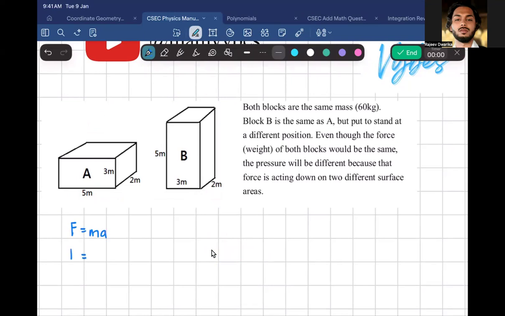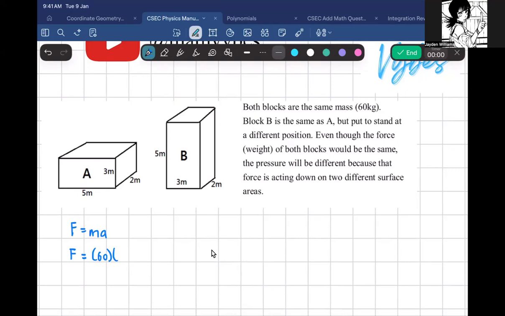What is the mass that's given to us? The mass is 60 kilograms. What is the acceleration due to gravity? Just like gravity. I was supposed to ask you that. You said 10 last time.